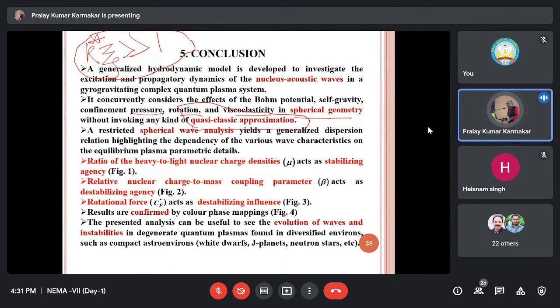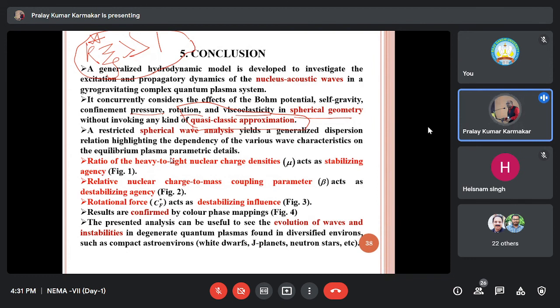Another important point is that a restricted spherical wave analysis yields a generalized dispersion relation. Our equation is septic in nature, and we obtained it without invoking any kind of approximation or homogenization principle. So that is an exact calculation, analytically obtaining the dispersion relation.